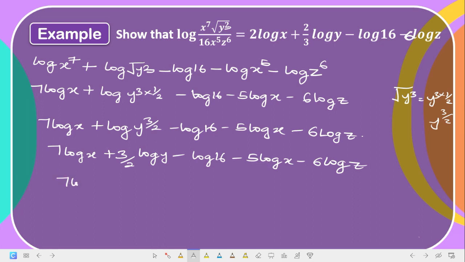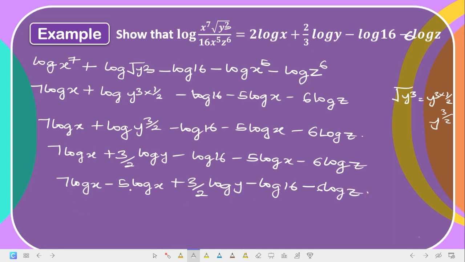This becomes 7 log x minus 5 log x plus 3 over 2 log y minus log 16 minus 6 log z. Now 7 log x minus 5 log x is what? 2 log x plus 3 over 2 log y minus log 16 minus 6 log z.